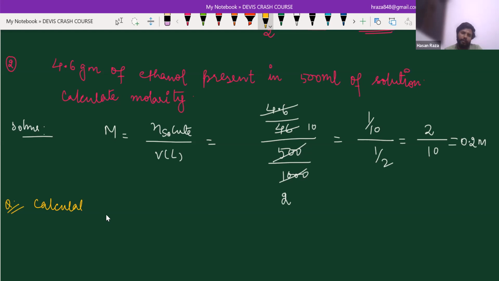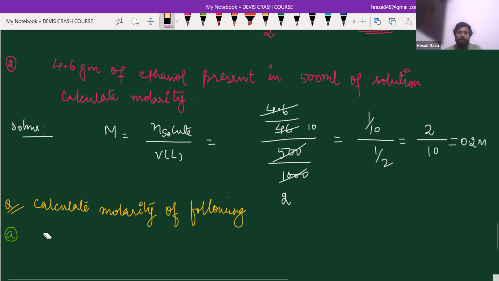Calculate molarity of the following. The question is very easy. First, 7.1% weight by volume Na2SO4.